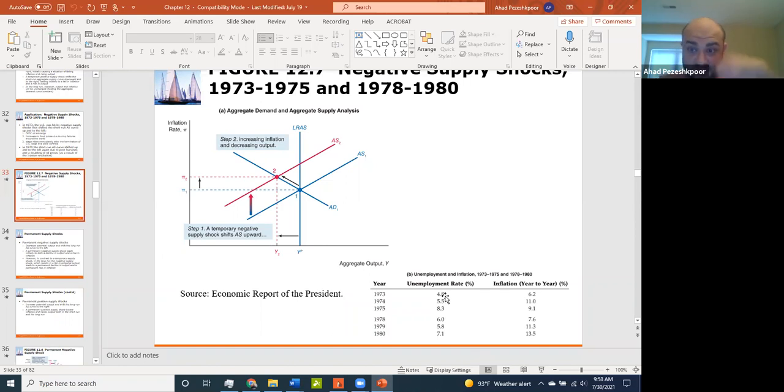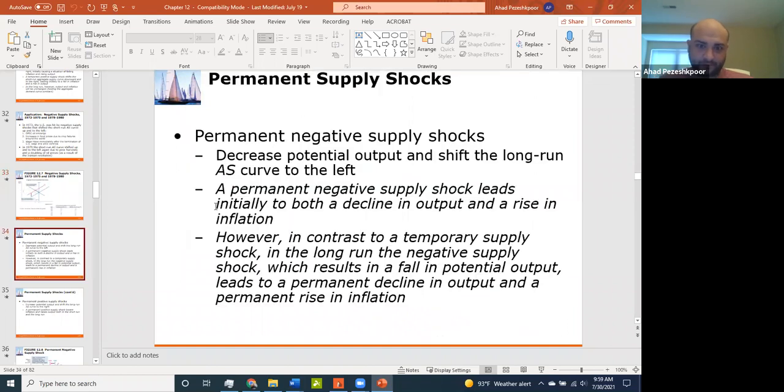This is a negative supply shock, so it causes stagflation. The economy is stagnating, your aggregate output is falling, and at the same time, inflation is going up. So you got the worst of both worlds.